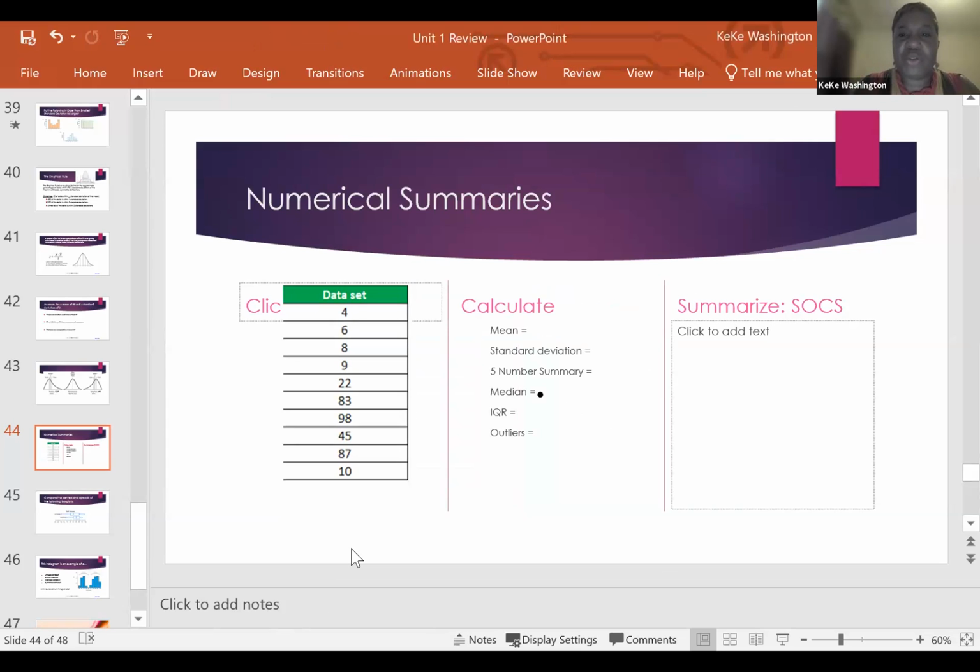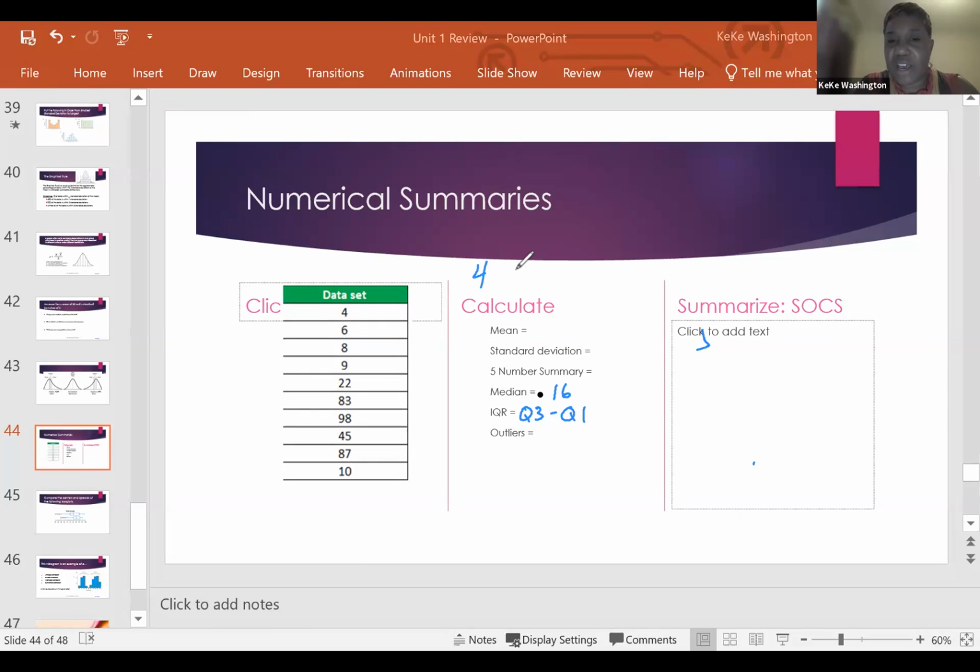Since our distribution was skewed, the median, which was 16, is the best representation for our typical value in this data set. The IQR is your third quartile minus your first quartile.